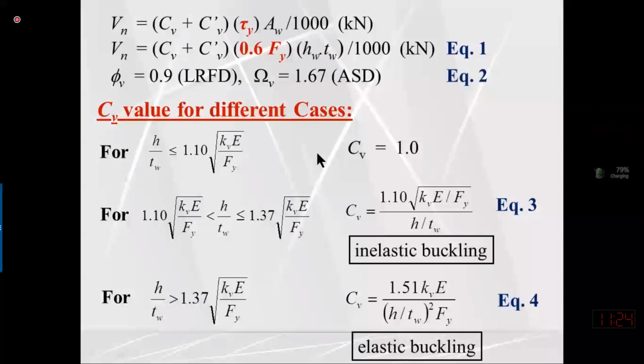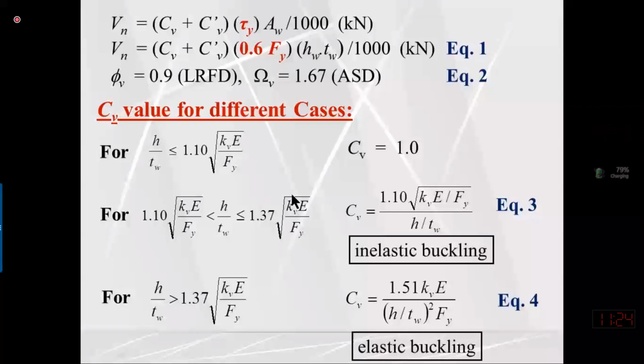In that case, CV value will be equal to 1, or buckling strength will be equal to shear yield value. And if height of the web over thickness of the web ratio is more than this parameter, but less than 1.37 under root kV into E over Fy, then we may consider that our web is non-compact, or it is undergoing inelastic buckling.